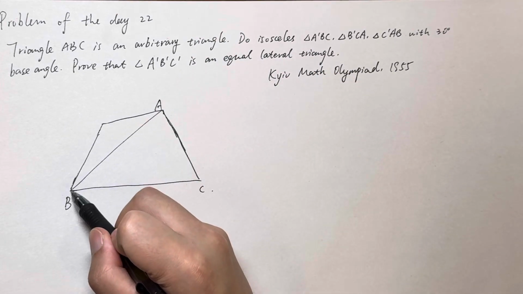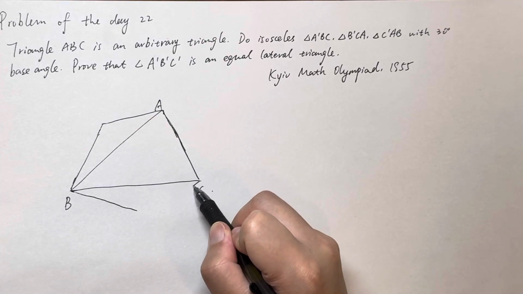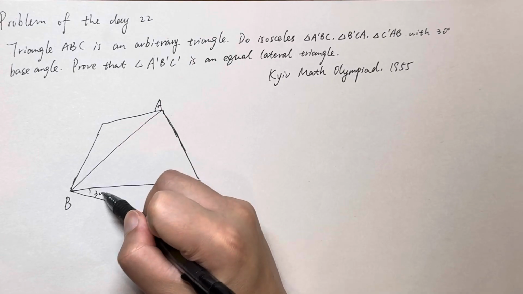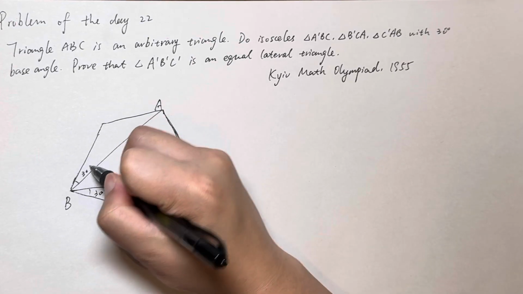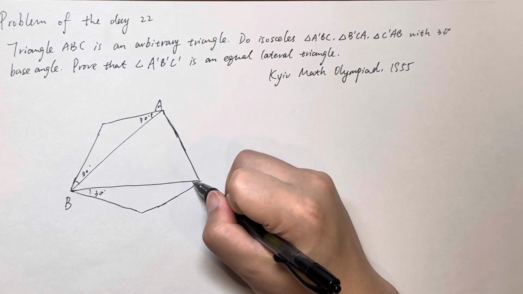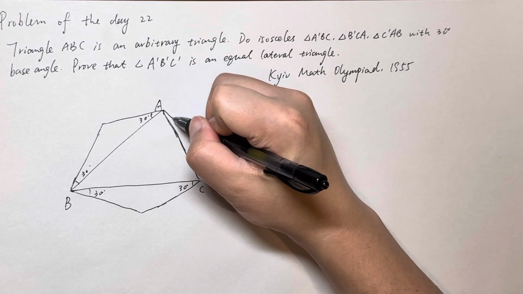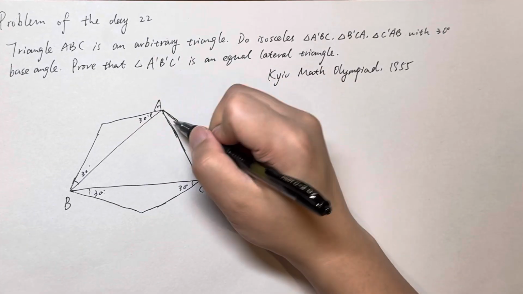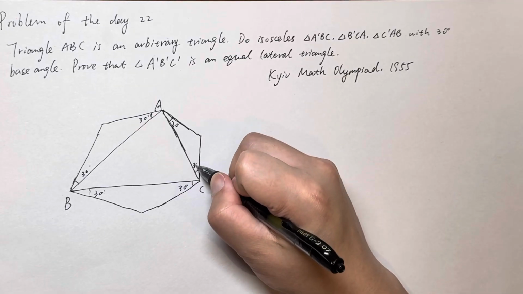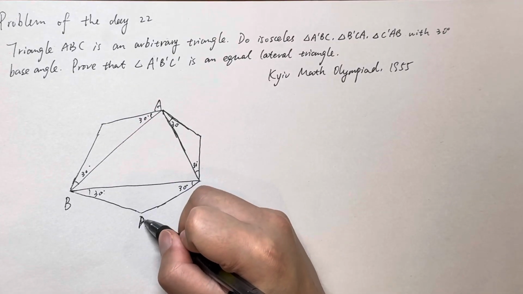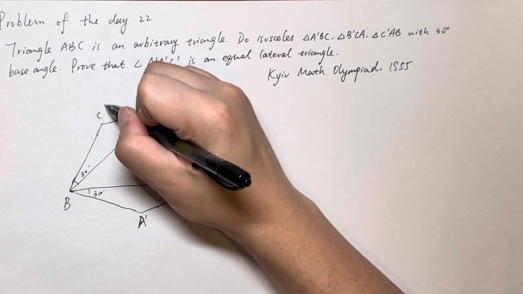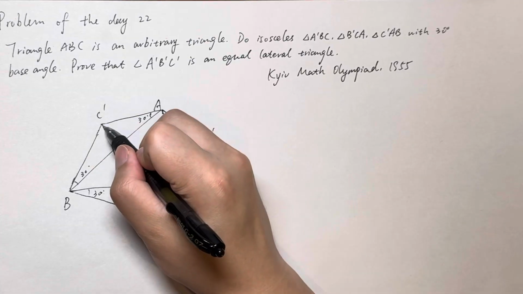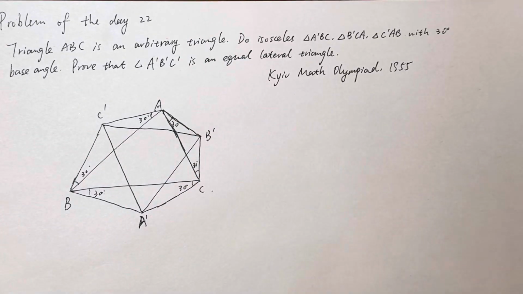Okay, so 30-degree here, 30-degree here. So let's call this A prime, B prime, and C prime, right? We want to prove that triangle A prime, B prime, C prime is an equilateral triangle.